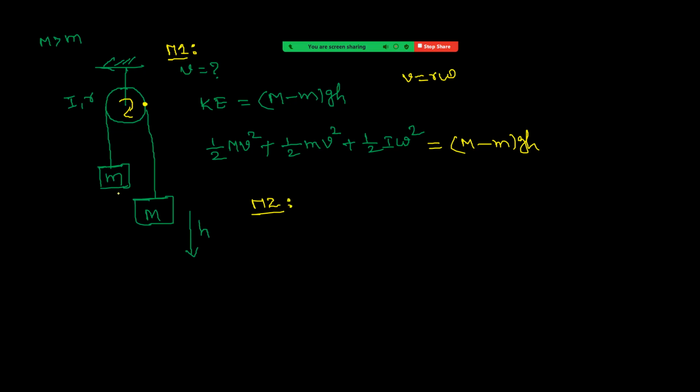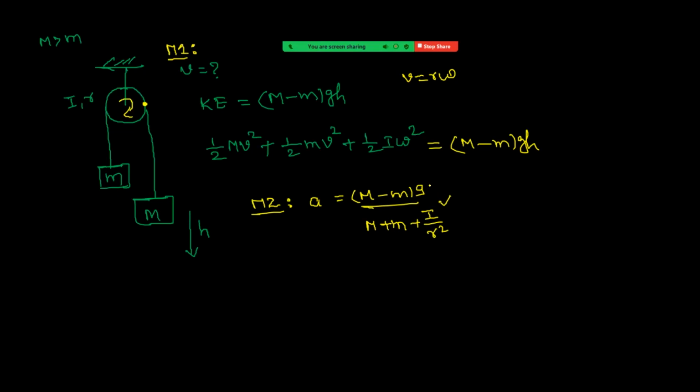In the last lecture, we discussed how to find acceleration. Acceleration is given by, I am writing here directly, M minus m into g upon M plus m plus I by r square.